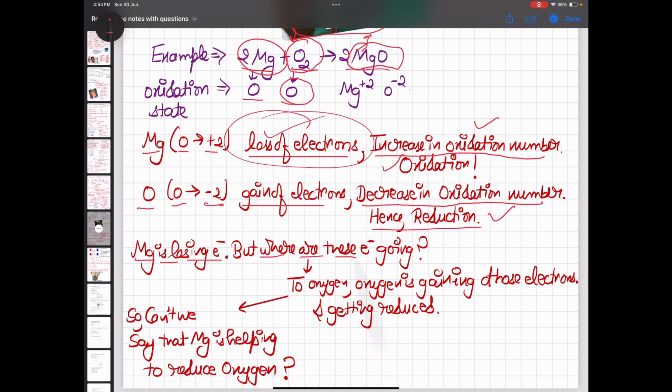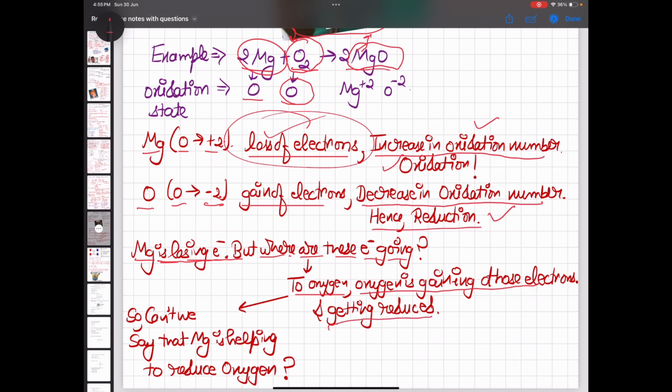Where are these electrons going? One is losing, the other one is gaining, right? And gain is reduction, loss is oxidation. So magnesium is losing electrons, but where are these electrons going? These electrons are going to oxygen. Oxygen is gaining those electrons and it is getting reduced.